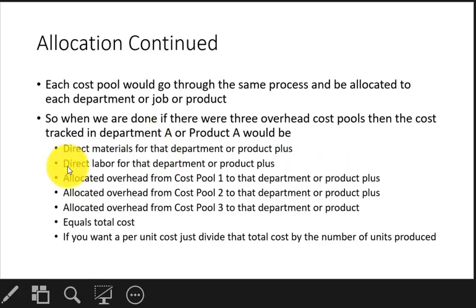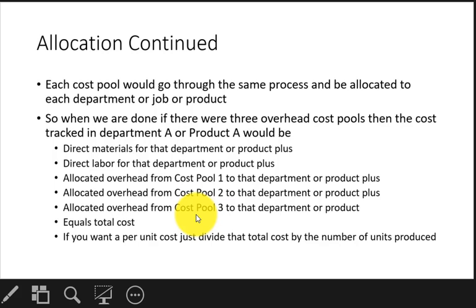So when we are done, as we're looking at the cost of our particular product or department or job, we would have the direct materials and direct labor as we have already learned. Nothing changed with regard to those. And then we have allocated overhead from cost pool 1, and from cost pool 2, and from cost pool 3 to that department, product, or job.